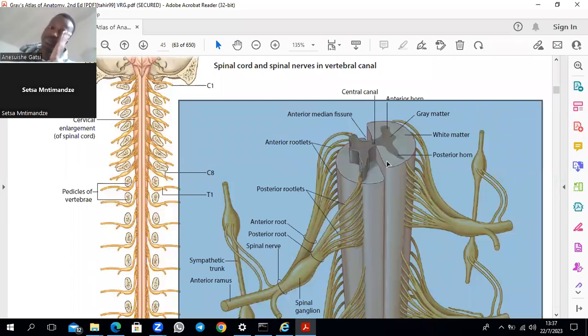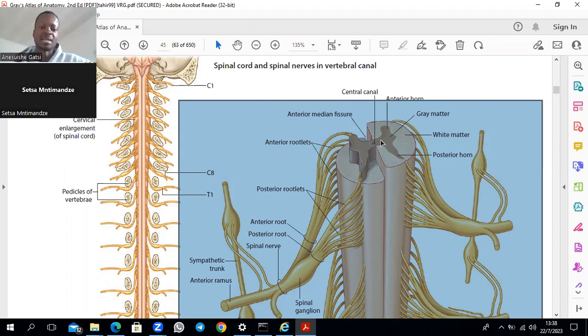Right? So structure-wise, the spinal cord has white matter, then gray matter. What differentiates it from the brain is that the gray matter for the spinal cord is at the center, which is this butterfly-shaped structure here.